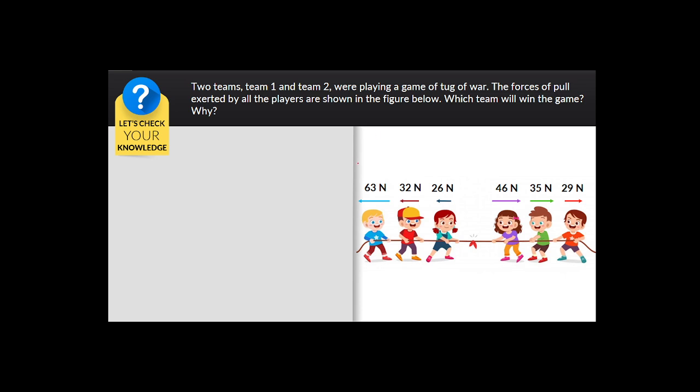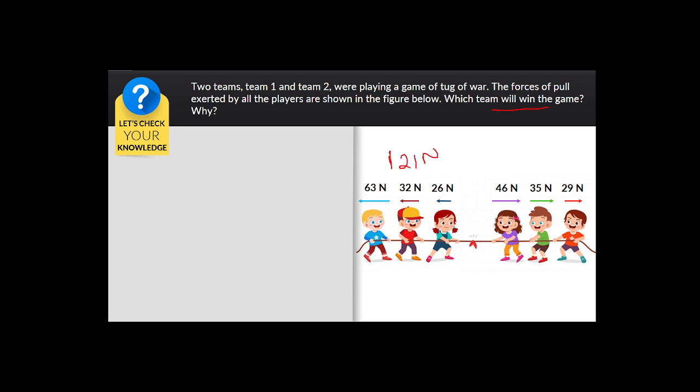Okay. So there are two teams. Can you tell me which team will win the game? I really want the hat team to win. So 63 plus 32 is 95, plus 26 is 121.